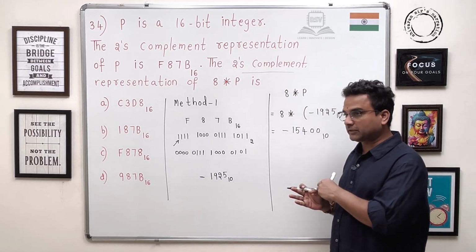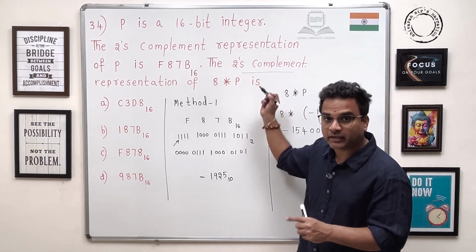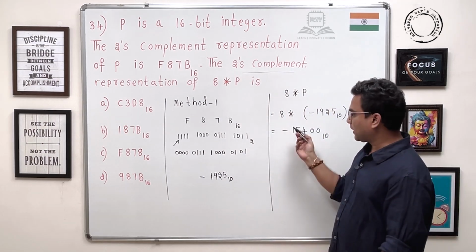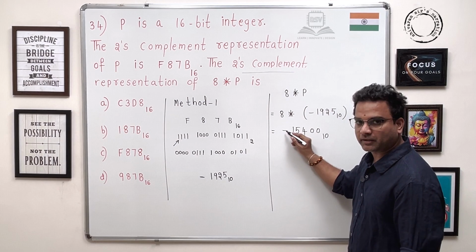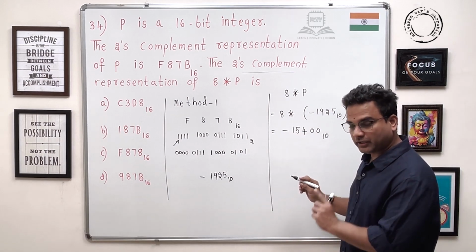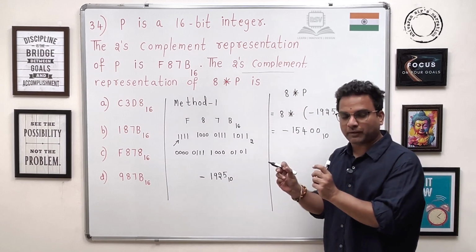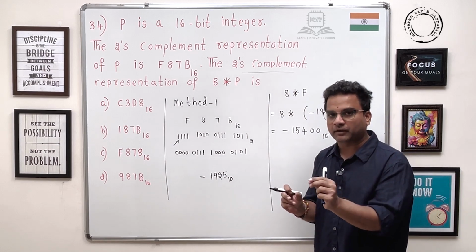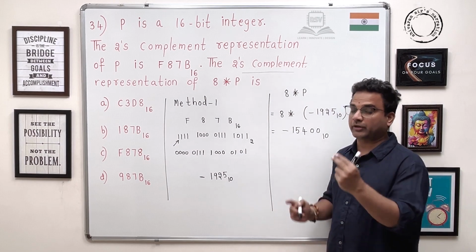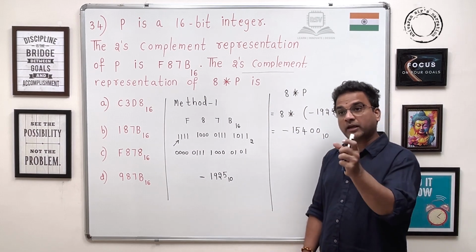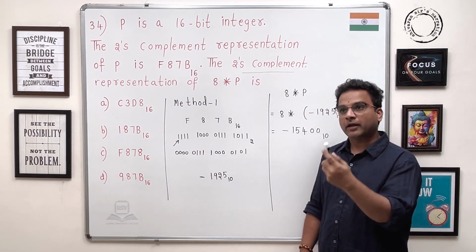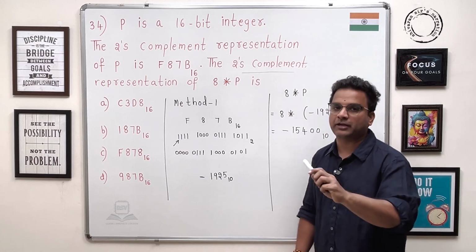Now we need to convert this into 2's complement because he is asking the 2's complement representation. Now if you take this, it's a negative number. Therefore it requires 2 steps. We need to write the magnitude bits along with the sign bit 0. Because it's a negative, it requires 2 steps. Again for that we need to apply 2's complement including the sign bit.